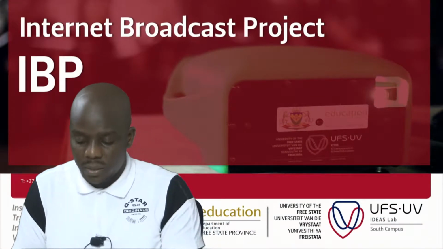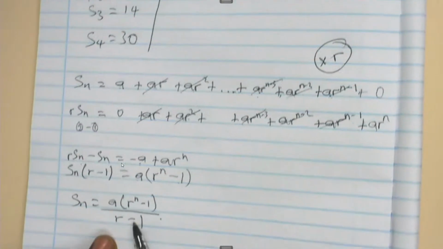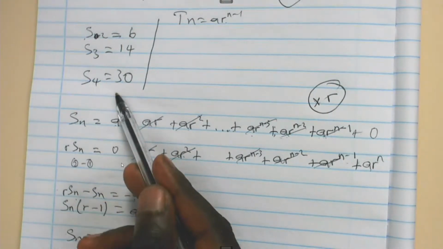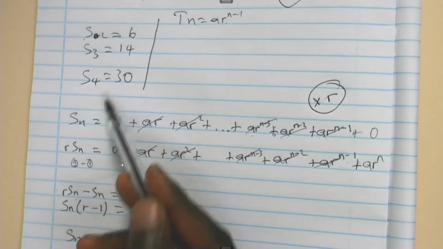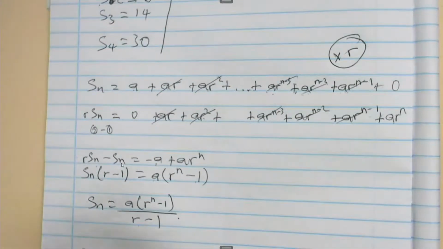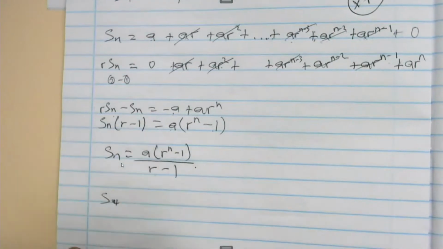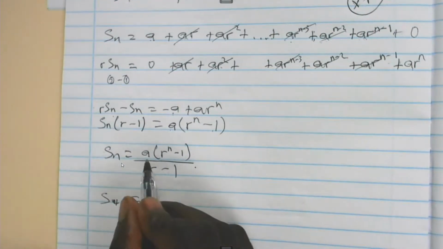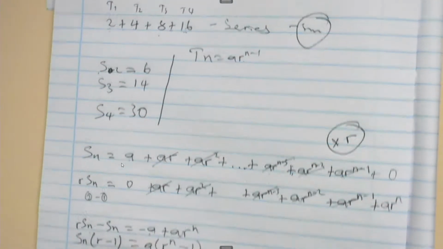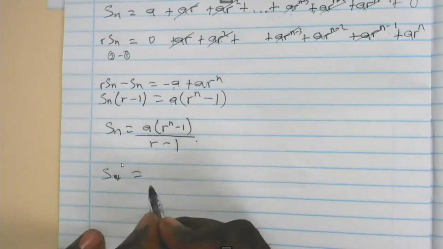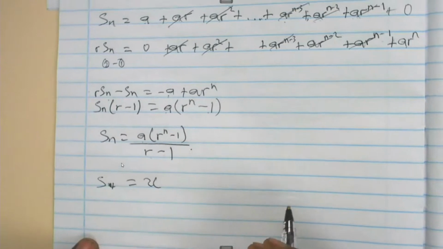Now we can use the same formula to find the sum of these 4 terms, but now using this formula. The sum of the first 4 terms would be S4, that is equal to a. The first term of our sequence was positive 2, then our a is 2, into the constant ratio.